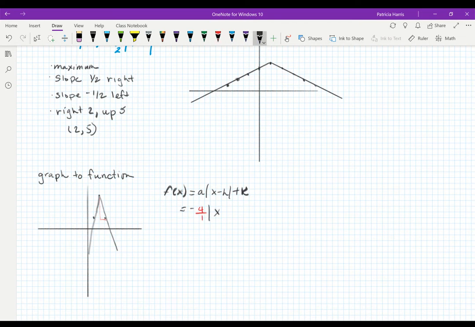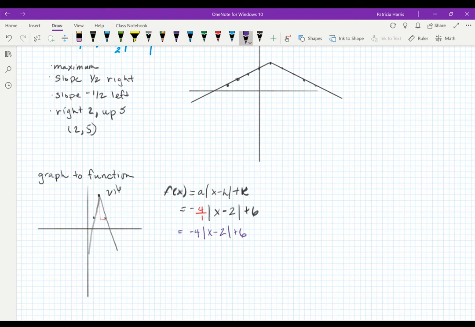I also notice that my vertex right here is at the point 2, 6. So it'd be negative 2 plus 6, like that. Okay, so it's not too bad. Let's clean that up, make it look a little bit prettier. Just like that.